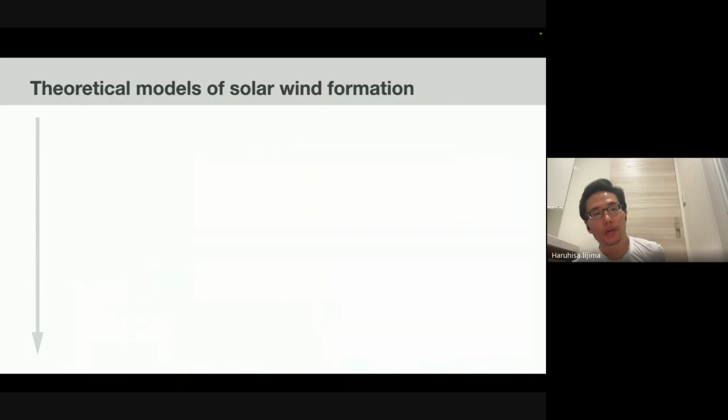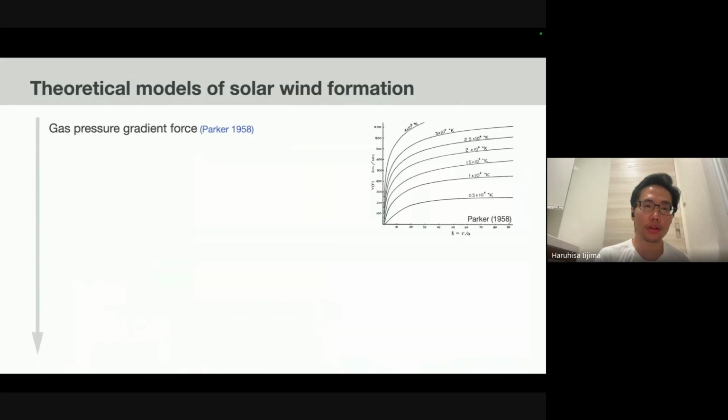Before going to that topic, let me review our theoretical models of solar wind formation. The first famous theoretical model is the gas pressure gradient force model, suggested by Parker in 1958, before the discovery of the solar wind by satellites.